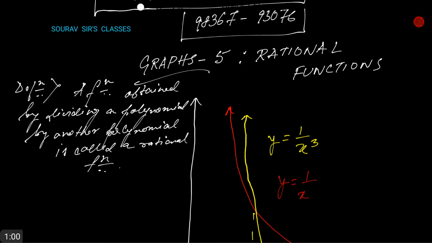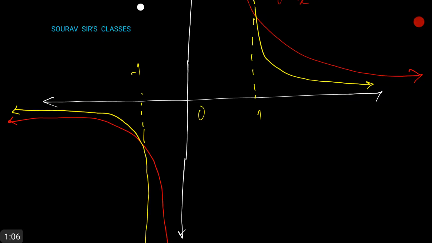Right, now let's write some properties of a rational function.